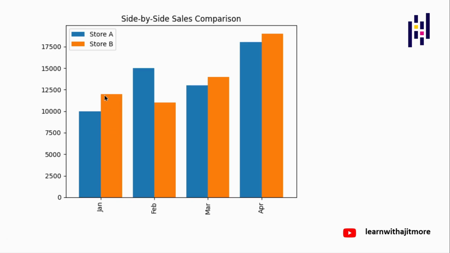If you're seeing the store B bar more, we can find out store B is doing better than store A in Jan. In February, store B did less sale. Other both the months, store B has done better than store A.